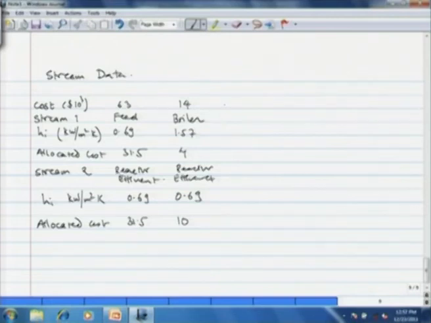The third exchanger is the stabilizer reboiler. It also has an annualized capital cost of $14,000. One stream is the boiler stream, which will have a high coefficient. The other stream is reactor effluent. Since it is vapor phase, it will have a low coefficient 0.69, and then exactly the same distribution, 10 and 4.